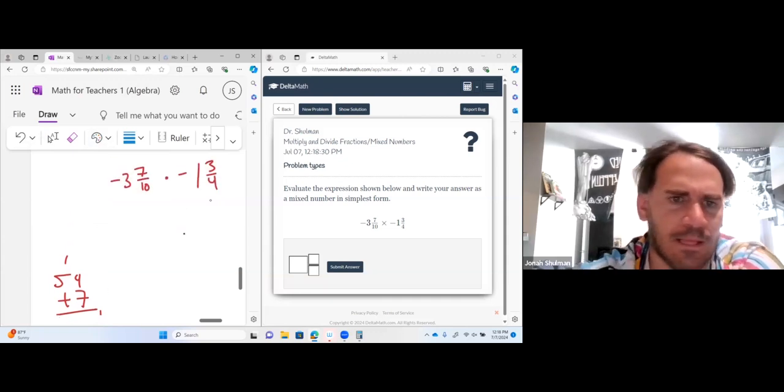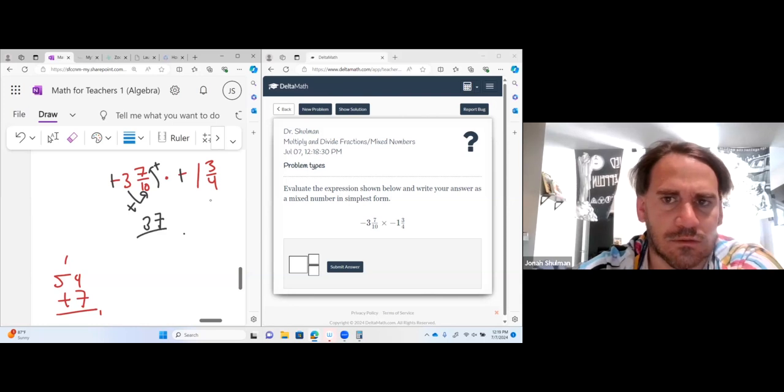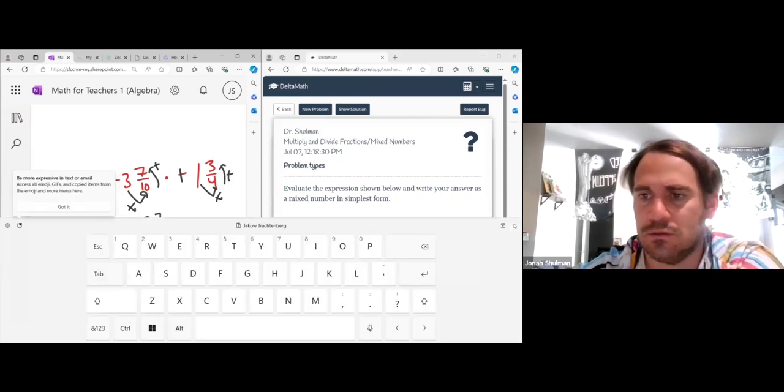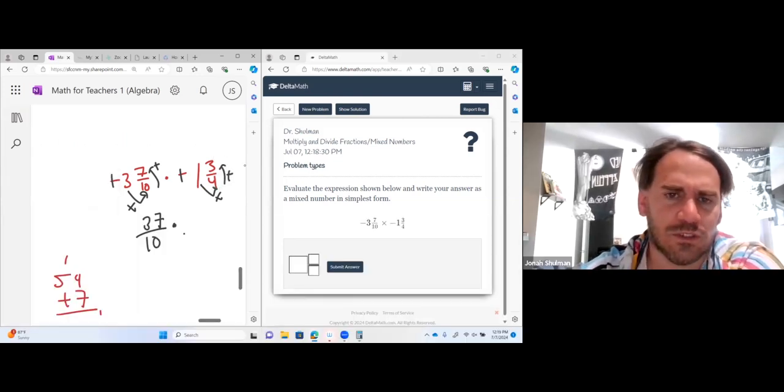So we multiply the bottom, we add the top. So this is 37/10 times, multiply the bottom, add the top. So that is 4 plus 3 is 7/4. And I'm going to simplify.